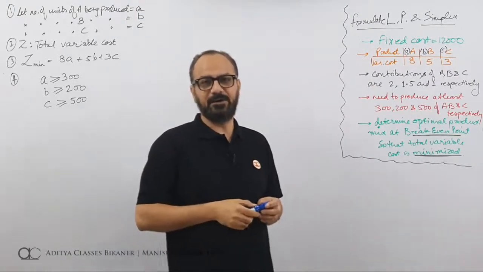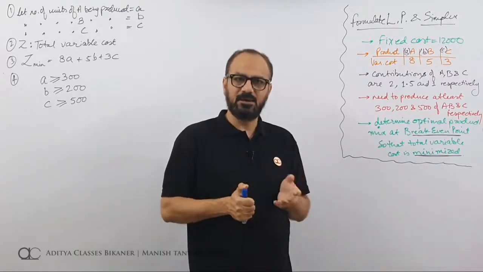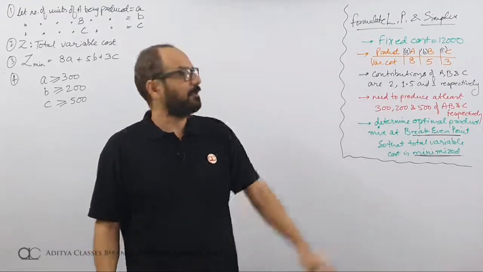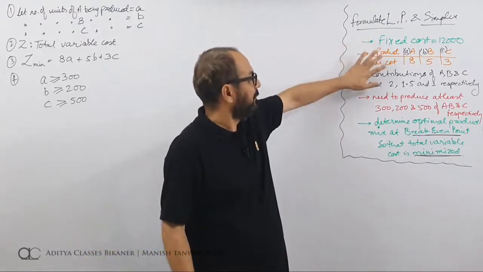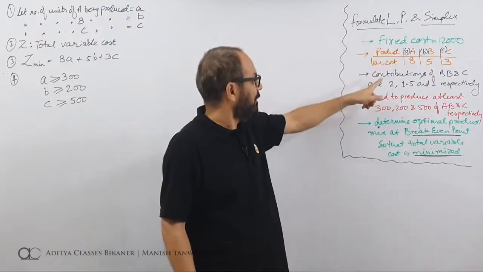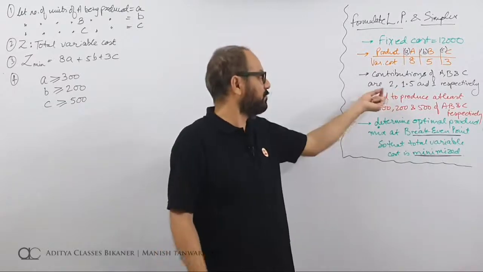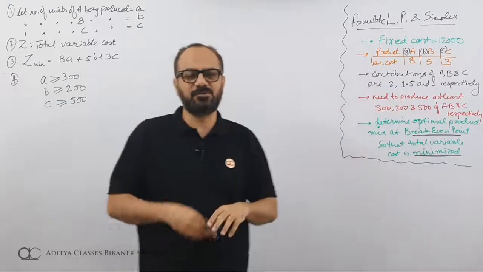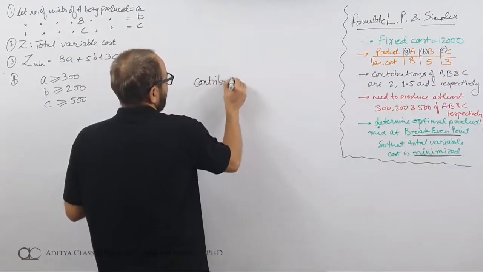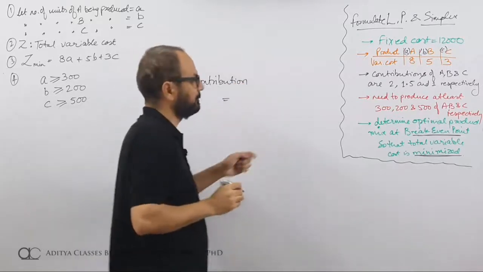What is break-even point? No profit, no loss. Or in other words, where I have recovered my complete fixed cost. 12,000 is my fixed cost. Now, contributions are 2 plus 1.5 plus 1. What is contribution? You have studied these questions in FM, financial management.